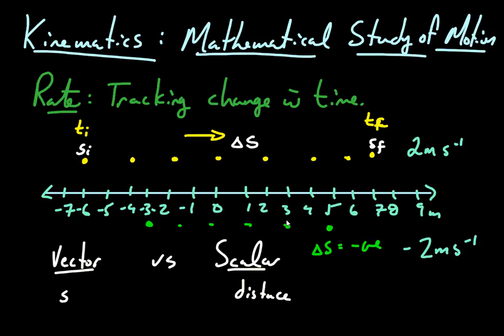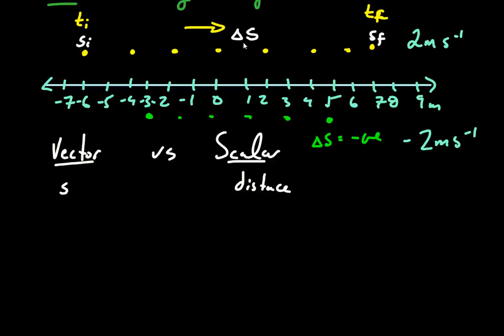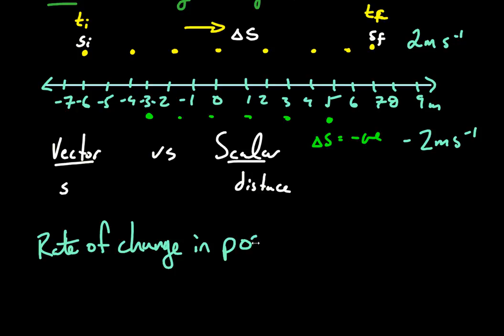Okay, and that's just by looking and stating that this is, say, representing where the object is at 1 second intervals. All right, so when we're dealing with a rate of change in displacement, what we're talking about is velocity. I should say rate of change in position, actually.